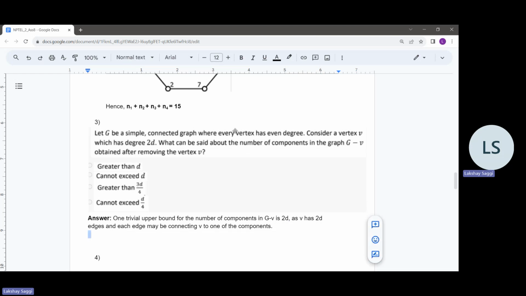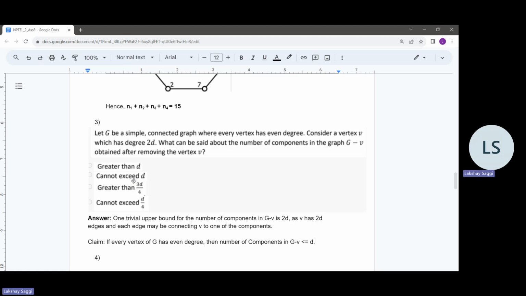But if every vertex of G has even degree, then I'm claiming that the number of components in G minus V will be less than or equal to D actually. So the answer is that it cannot exceed D.